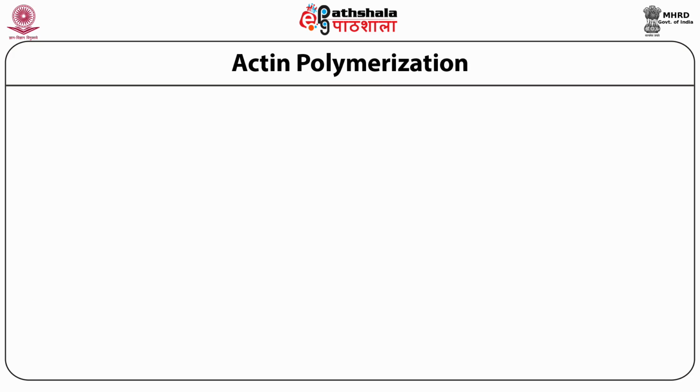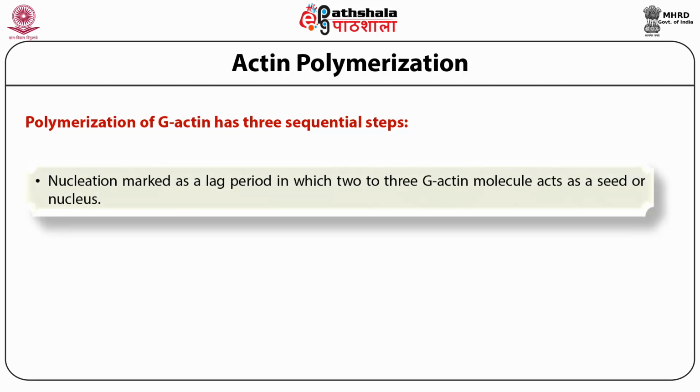Actin polymerization. Polymerization of G-actin has three sequential steps. First, it forms nucleation. Nucleation is marked by a lag period in which 2 to 3 G-actin molecules act as a seed or nucleus.